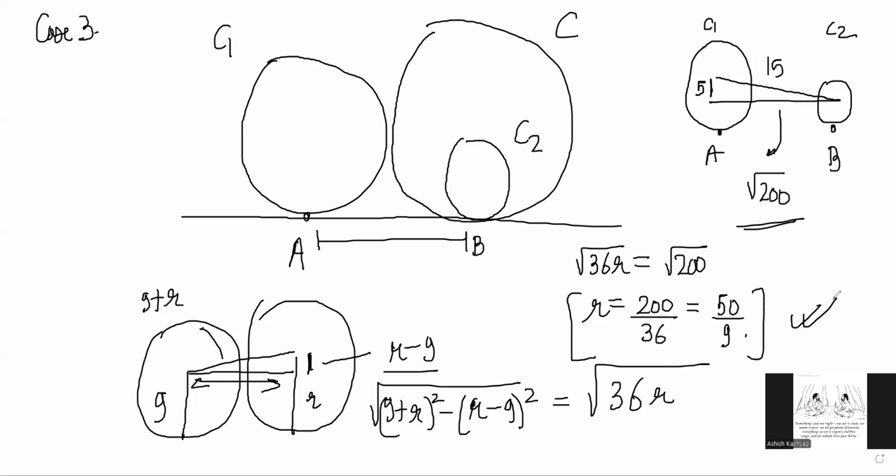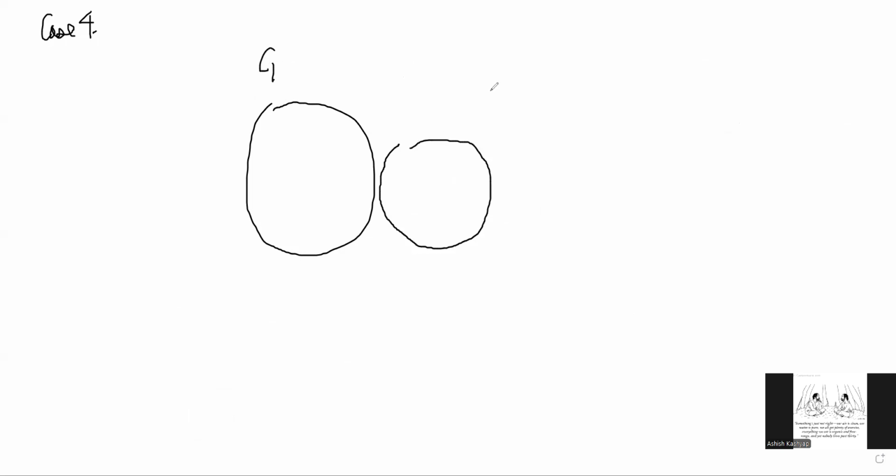And finally, we can do case 4, where I will draw the figure here. So case 4 is the orientation where you have circle C1, circle C2, and there is a third circle C which touches both of them like this.